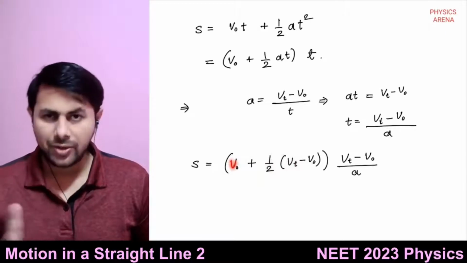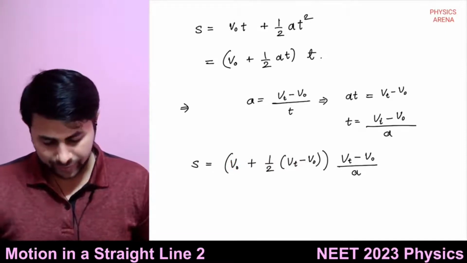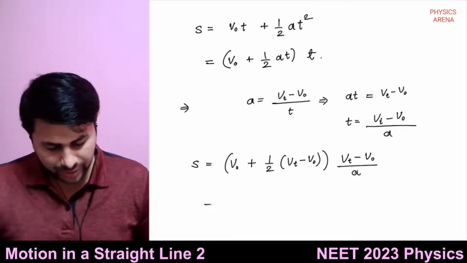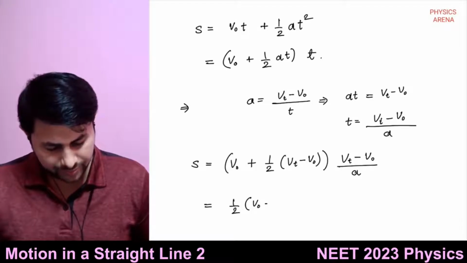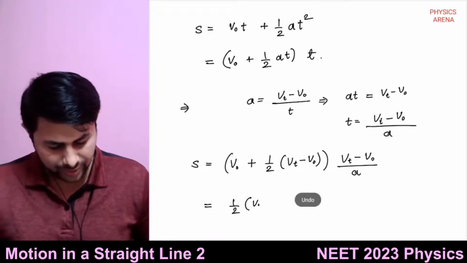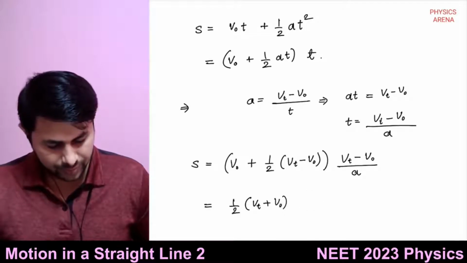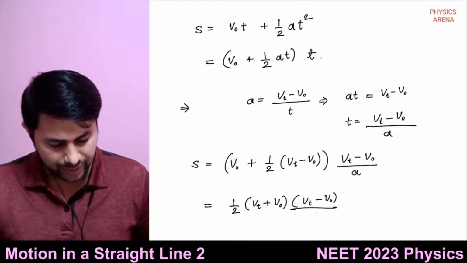So you have V naught minus half V naught, that is half V naught. So you are left with half, I can take common, V naught plus Vt, multiplied by Vt minus V naught divided by A.